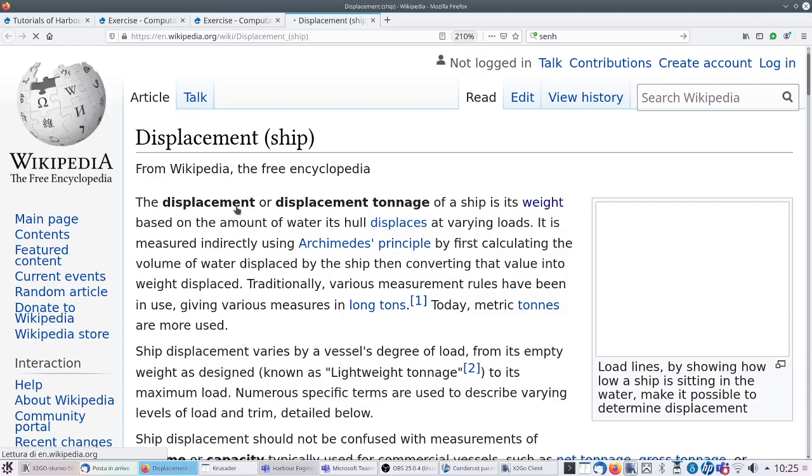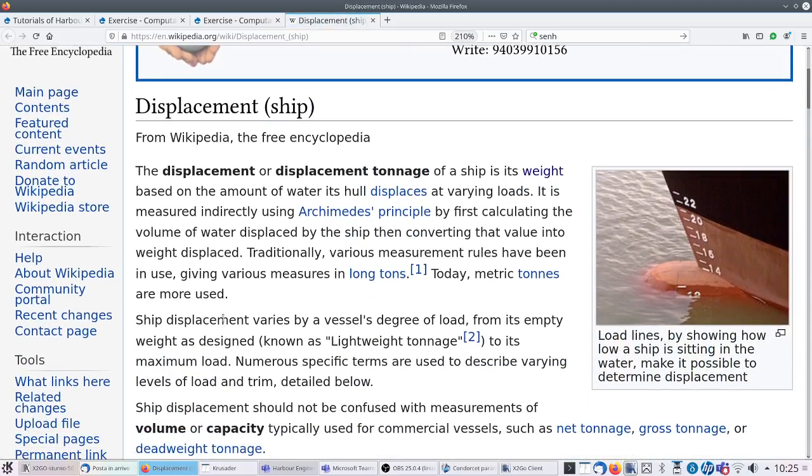Let's have a look at this link. The displacement, you know it already, but I think it's better if you make it clear. The displacement of a ship is its weight based on the amount of water that the hull displaces at varying loads.